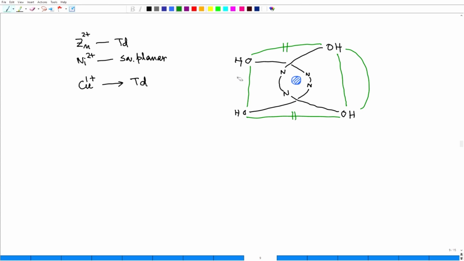So, what will I do? Once this compound is formed, we will do a molecular mechanics calculation.